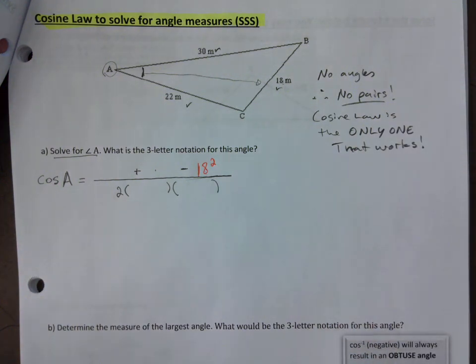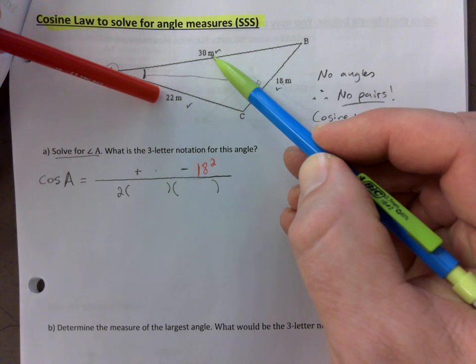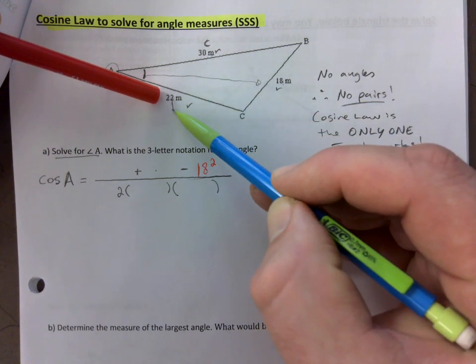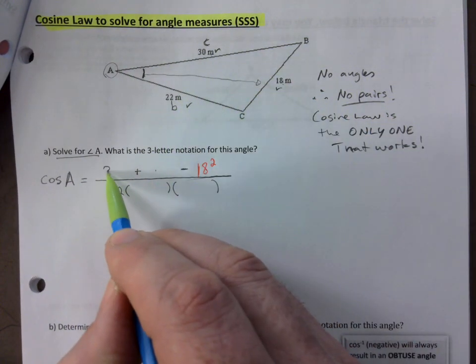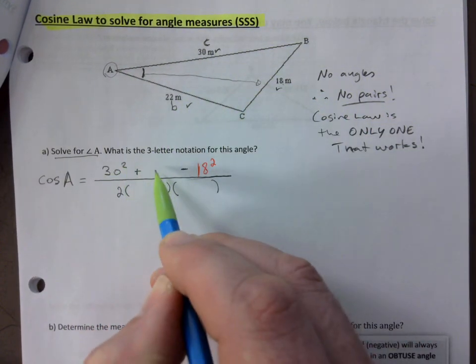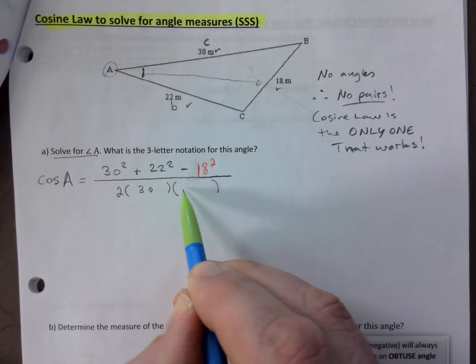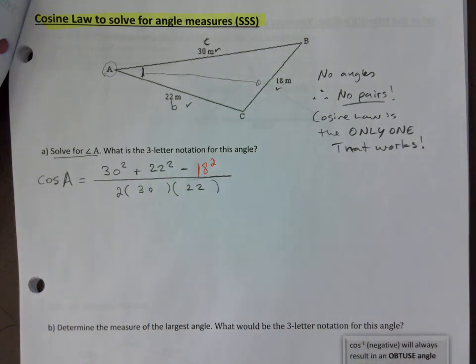Honestly, it doesn't matter which order you put the other two in, but let's be consistent. This is C, and this is B. So we type those in: 30 squared, 22 squared, and then the 30 and the 22 come back again. These could be decimals, could be anything. So that's the initial setup.